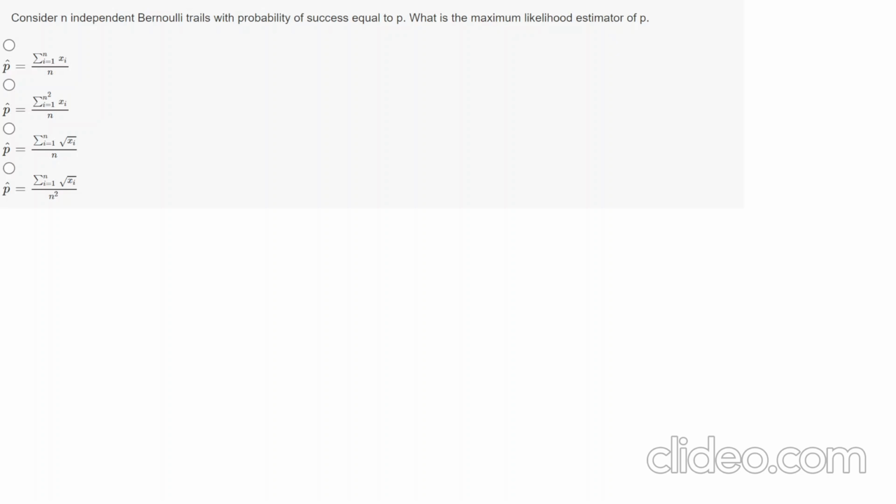To find the maximum likelihood estimator, to estimate the most likely value of the probability of success p, first we will define the probability mass function for the Bernoulli trial. This is a small derivation which I am going to discuss now. Let me keep it very simple.